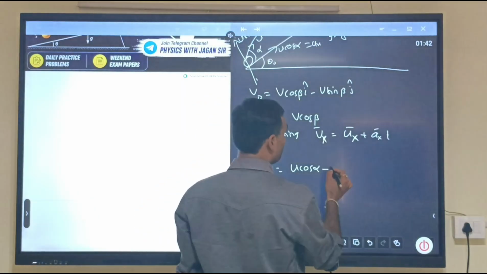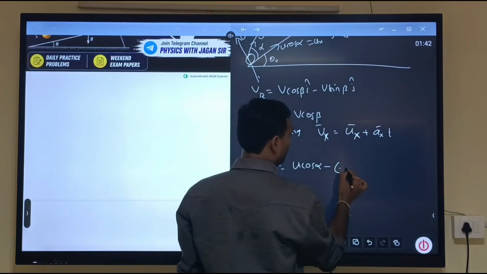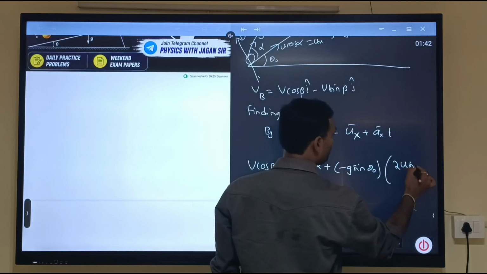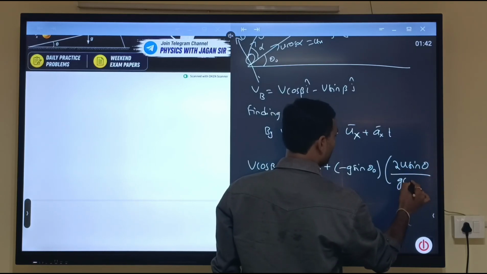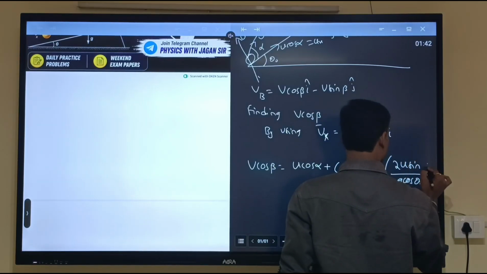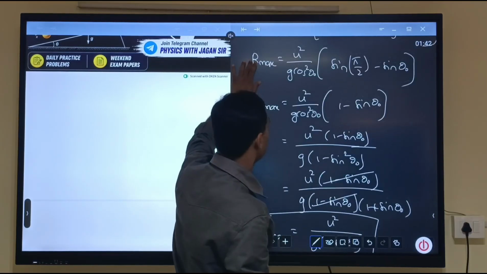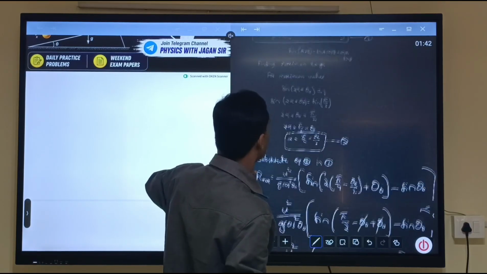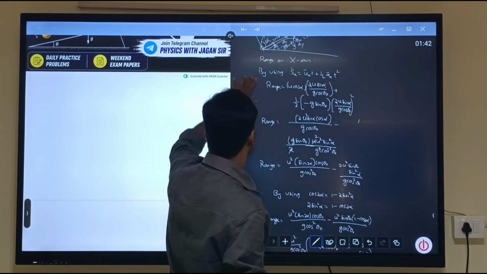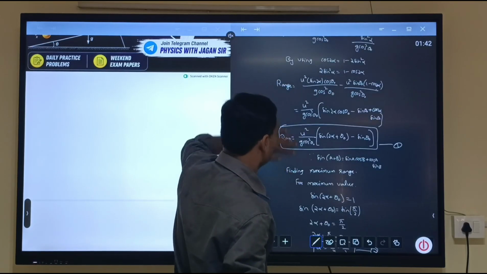So u cos alpha minus, acceleration on the x axis is minus g sin theta naught, times time of flight, which is 2u sin alpha by g cos theta naught. Right, correct.